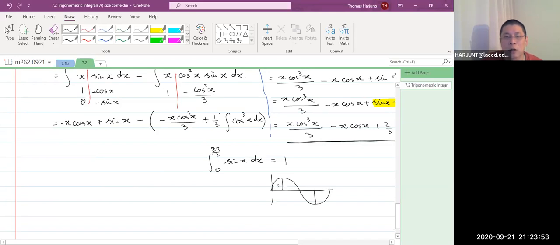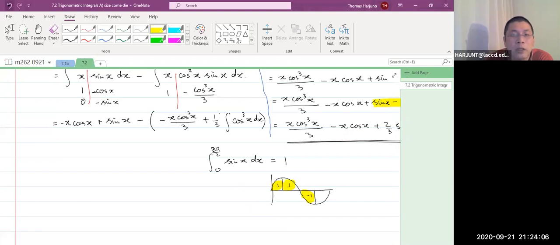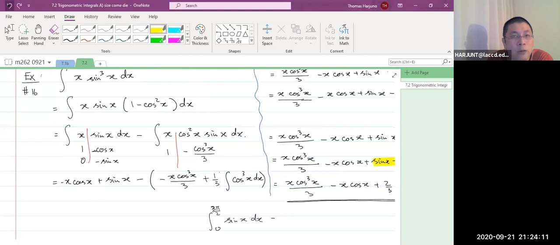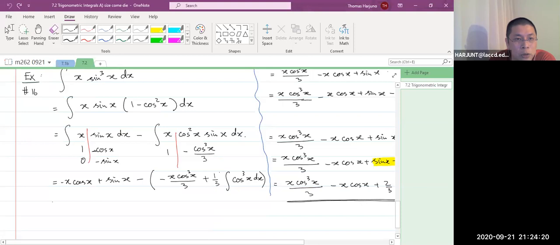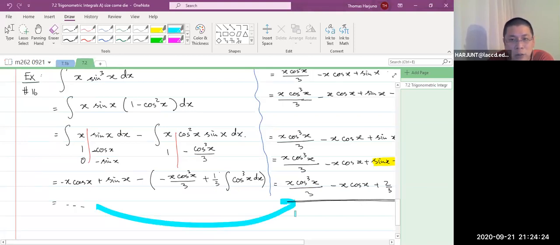The area per quadrant is 1, this one is -1, but if you need this and this and this, then the total area should be 1. So one way to do that problem is by imagining what the graph looks like and what happens to the area under the curve. You will get the same answer.